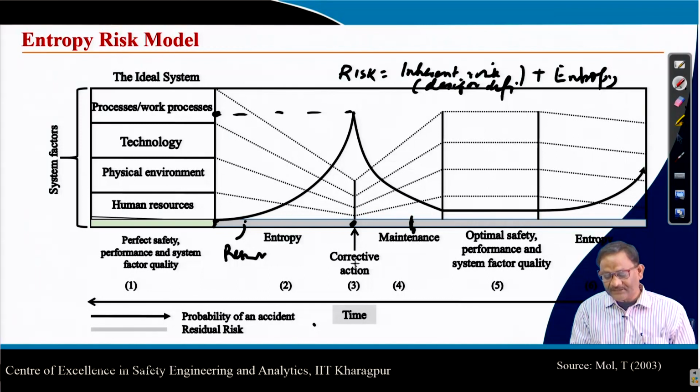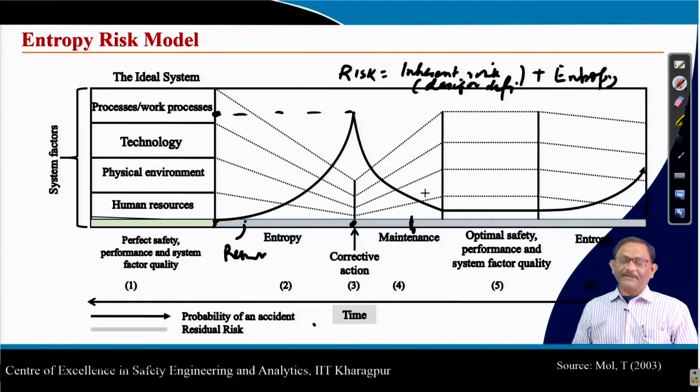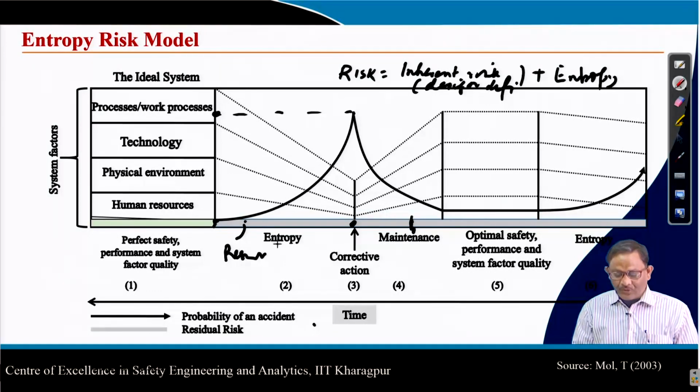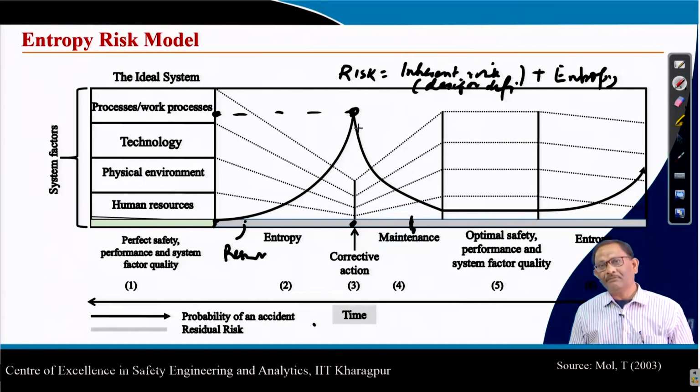You take corrective action. Again, the component performance level increases and the risk decreases. The entropy risk at this point is the highest, and at that point the risk level goes beyond the intolerable zone and something undesired is likely to happen.